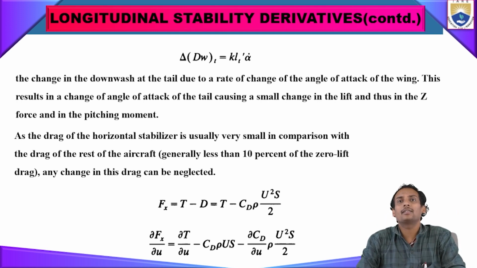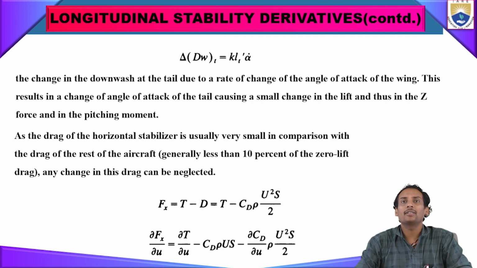The drag of the horizontal stabilizer will be very small compared with the wing. The drag of the rest of the aircraft will generally be 10% of the zero lift drag only.